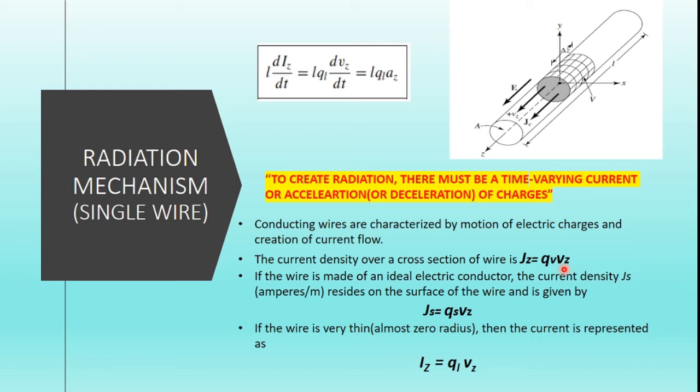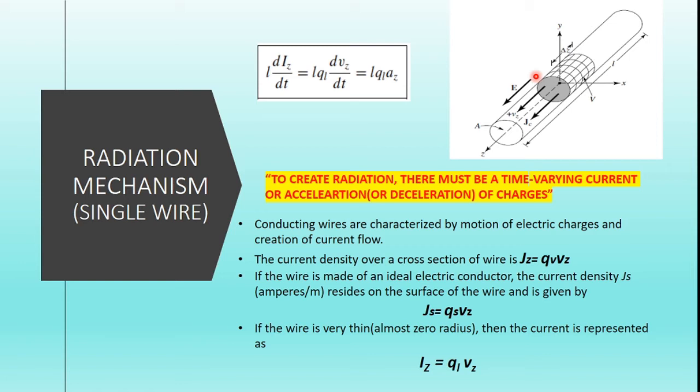Now, if you consider the wire to be made of an ideal conductor, where there are almost zero losses, then we can consider that the charge mainly resides on the surface of the wire, which is the external area of the wire. So we replace the term Qv, rather than representing it through the volume, with the cross-sectional part.